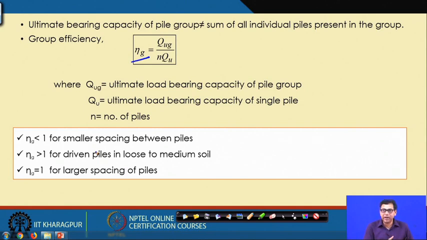So, if you drive a single pile, there is also a group action. Because if you have a group of piles, that means when you are driving the piles into the soil, this portion of the soil will be compacted and become dense. So, you have a more pile load carrying capacity in group compared to the single.